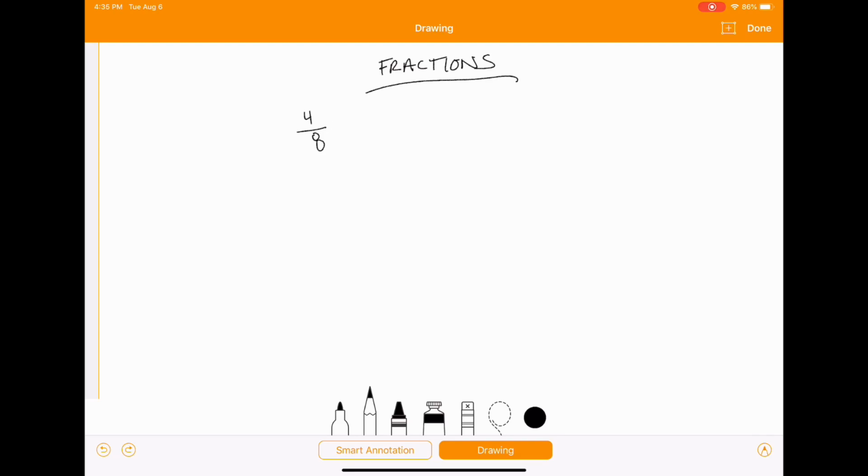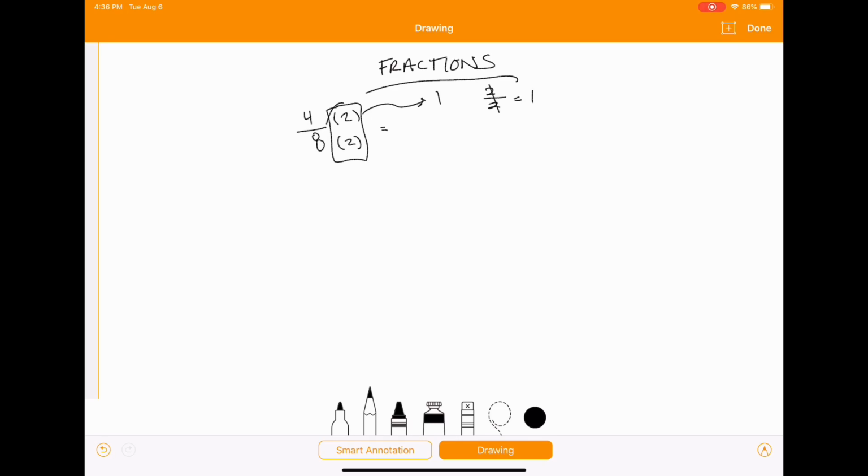So for fractions, you can, let's say, times the top and the bottom by 2. Because essentially this here is just equal to 1, because 2 over 2 cancels out and you're left with 1.